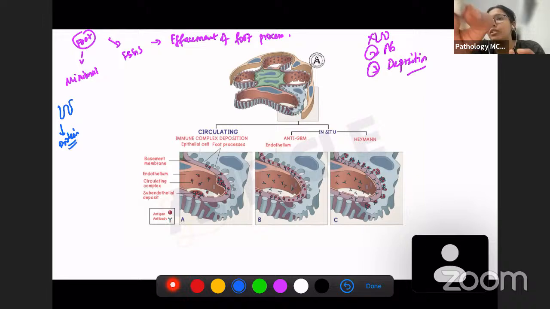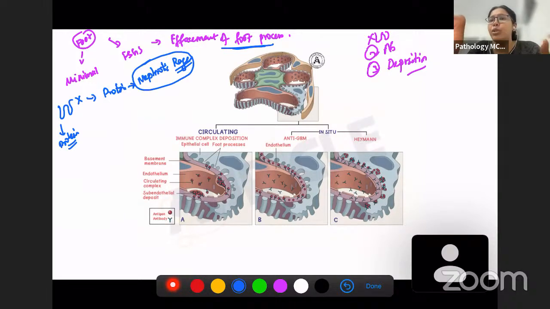So when foot processes are effaced, naturally the protein barrier is going to get impaired and you're going to have proteinuria, nephrotic range proteinuria. So now you can correlate: minimal change disease and FSGS cause nephrotic range proteinuria. What is the pathophysiology behind it? It is effacement of foot processes.